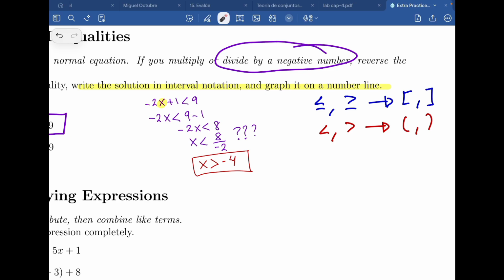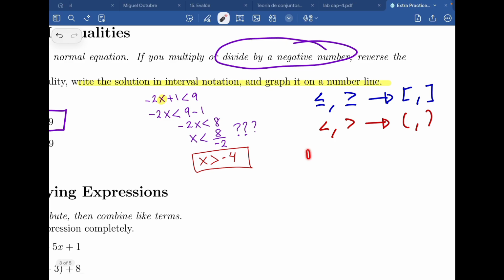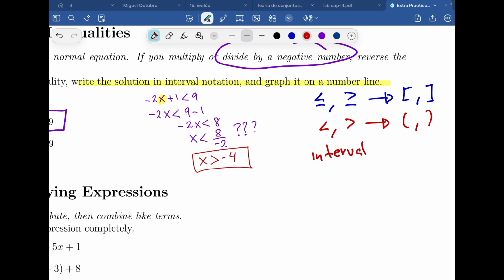Pay attention, this means that the x is greater than negative 4. So the interval notation will be something like this. First the negative 4, because this is greater than, but also if you remember, we need a value here.